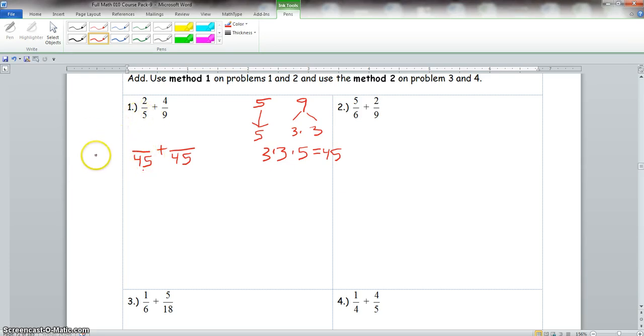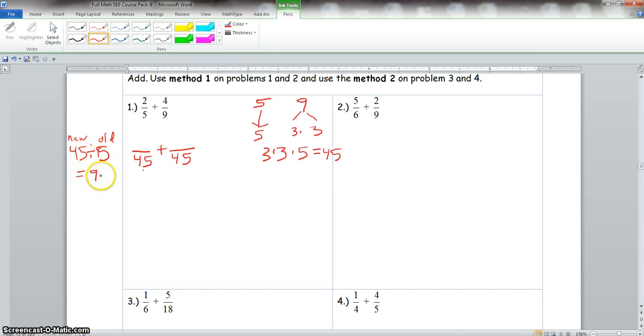And I'm going to go off to the side here to show you. The new denominator is 45 divided by the old denominator, which is 5. So this is the new and this is the old. So 45 divided by 5 is 9.